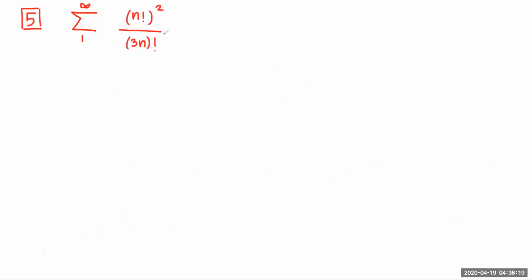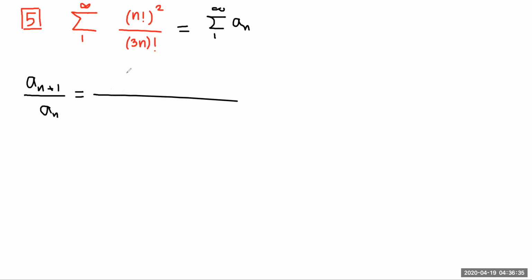The last exercise, let's suppose this term sigma a n from 1 to infinity. So let's calculate a n plus 1 over a n. So it will be, let's see here, n plus 1 factorial power 2 over 3n plus 3 factorial.